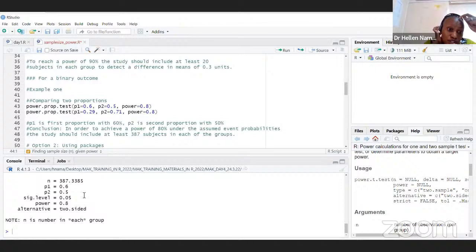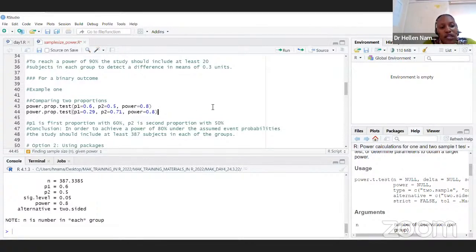So the conclusion that you can make is that in order for you to achieve a power of 80%, assuming that these are the probabilities, the 0.6 and then the 0.5, then your study should include at least 387 subjects in each group, because here we are dealing with proportions. Of course, like I said, it will keep changing.